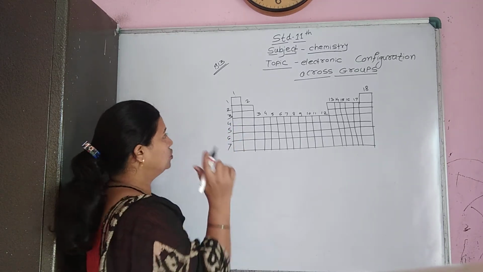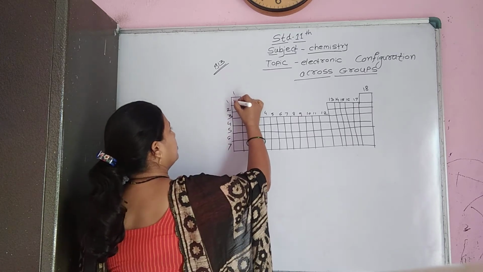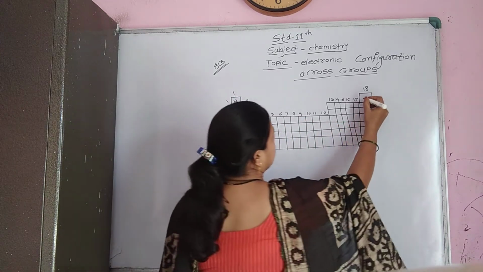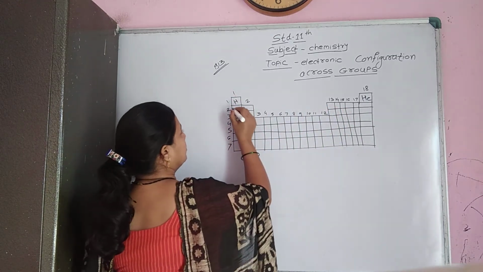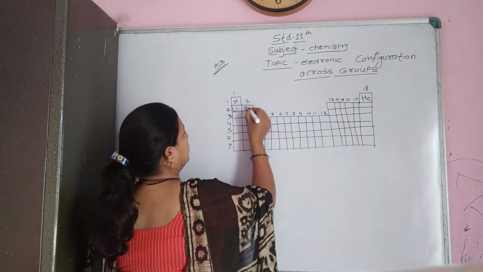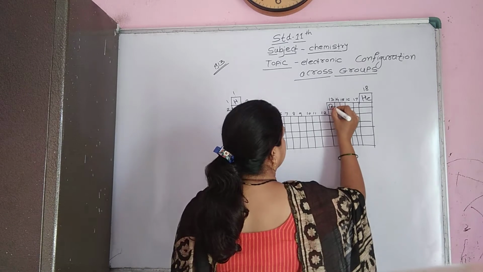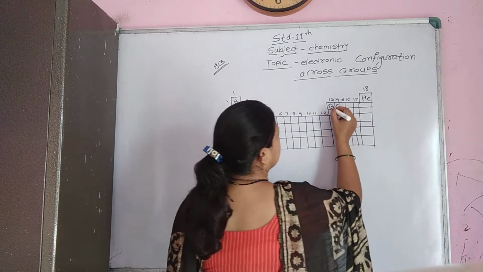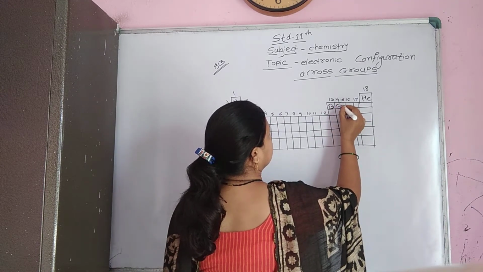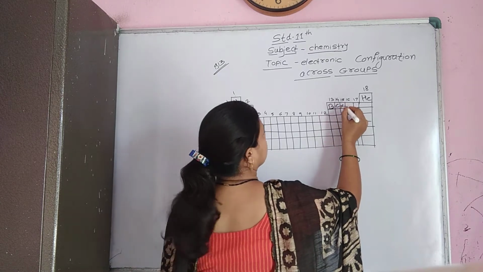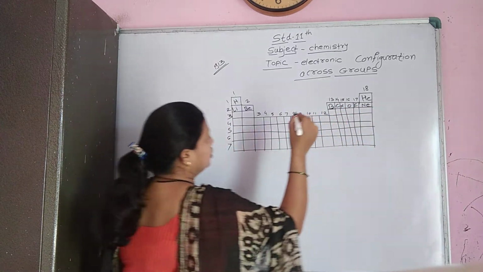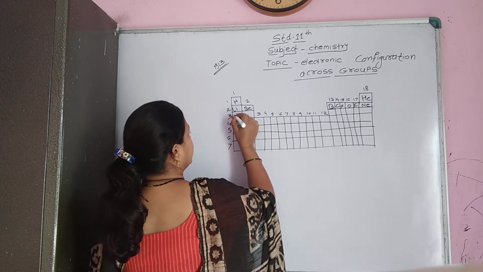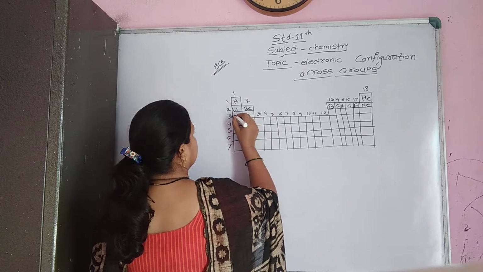Now listen. The first element in the periodic table is hydrogen, next is helium, then lithium, then beryllium, then boron, carbon, and neon. After neon the next element is sodium.